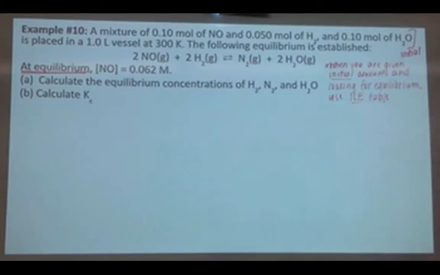An ice table is a visual way for us to represent changes in concentrations or changes in pressures.